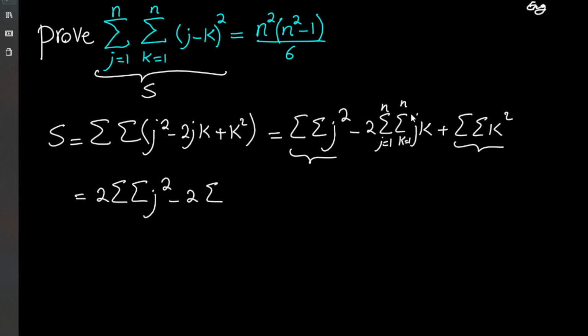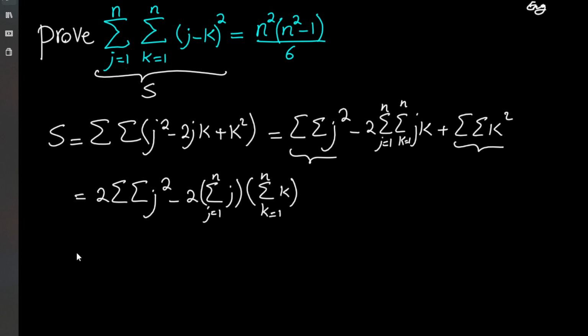One of them completely depends on index k, the other completely depends on index j. I can rewrite this double summation in this format: sigma j from 1 to n of j times sigma k from 1 to n of k.